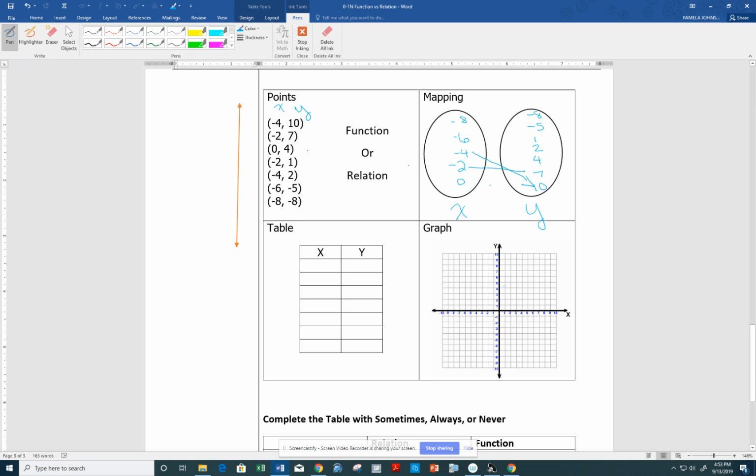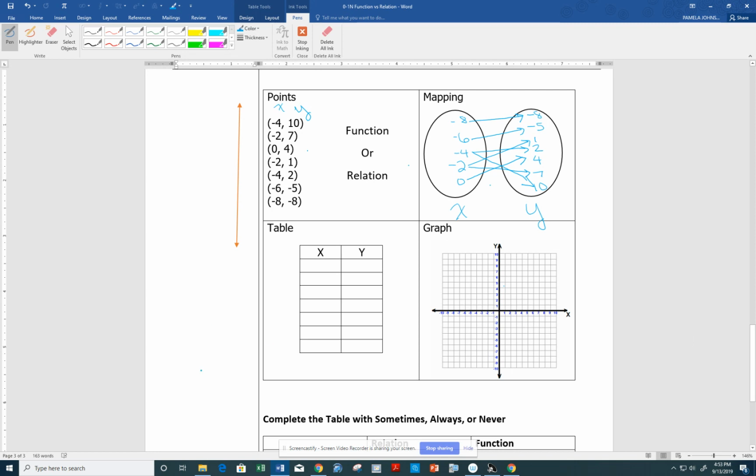I have a -2 that goes to the 7. 0 goes to 4. -2 goes to 1. A -4 that goes to 2. A -6 that goes to -5. And a -8 that goes to -8.